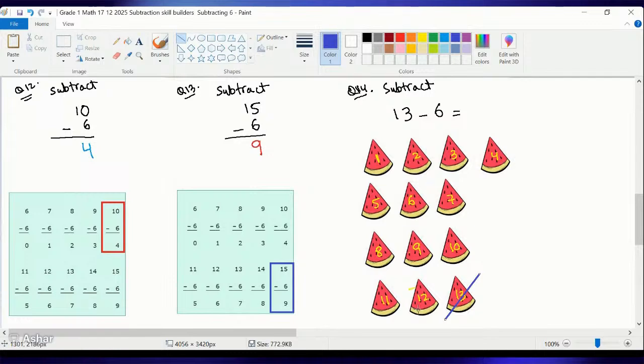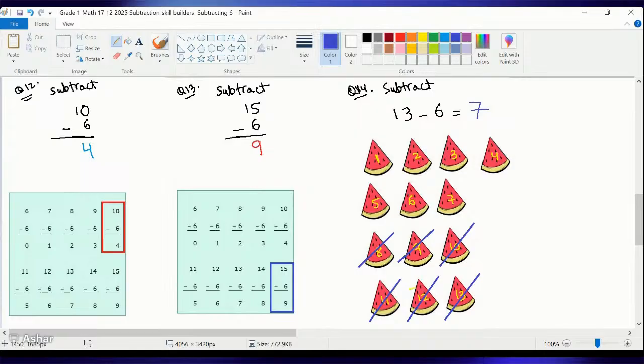We always begin from the largest number. Second slice, third, fourth, fifth, and sixth. So we are left with how many slices? 1, 2, 3, 4, 5, 6, and 7. That means we are left with 7 slices.